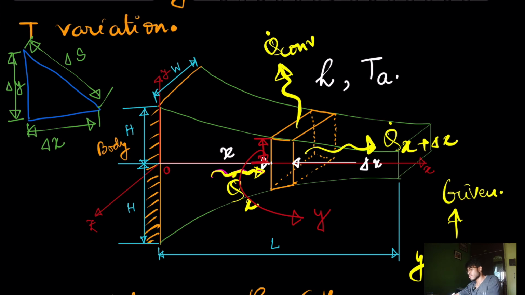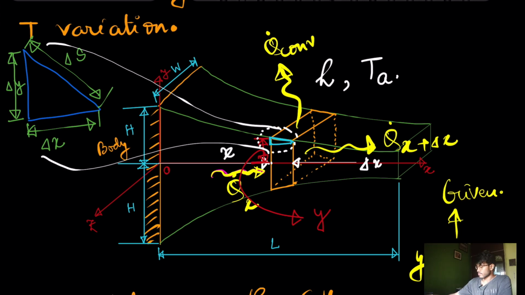So I am talking about this part only. If I draw it like this, this is my triangle. This small triangle has been enlarged here.